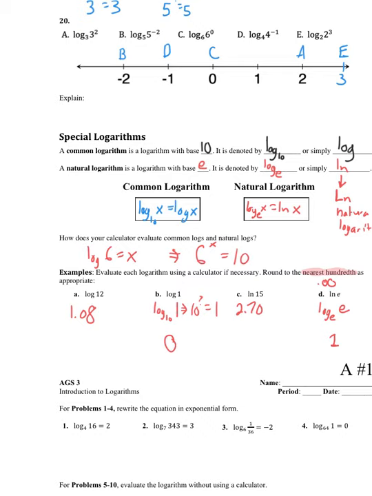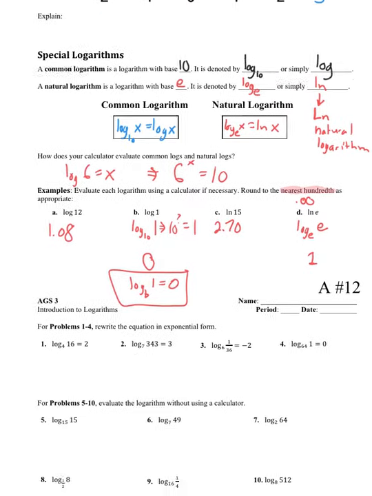So anytime you see log base b of 1, any base of 1, that's always going to equal 0. That's something else that I want you guys to try and remember for these logarithms. And we should have seen that happening on our number lines as we were working through as well. I know we went through it kind of fast there, but that's the idea.